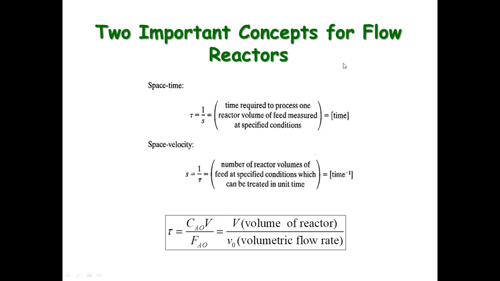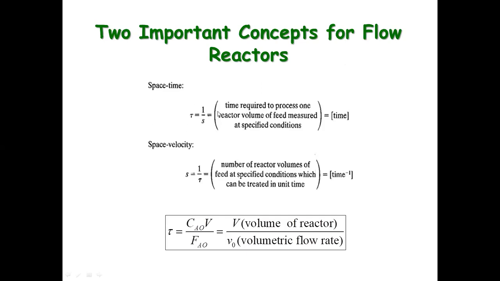We have the space-time and the space velocity. The space-time is the time required to process one reactor volume of feed measured at specified conditions. Or simply put, how long will you be able to process one reactor volume with this particular degree of conversion? And that would be the space-time.